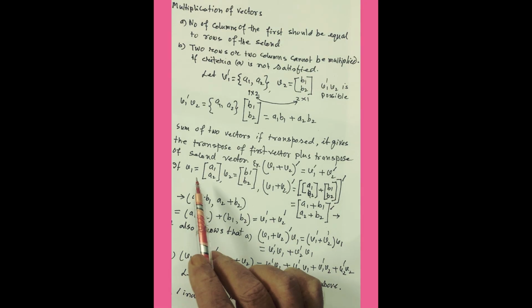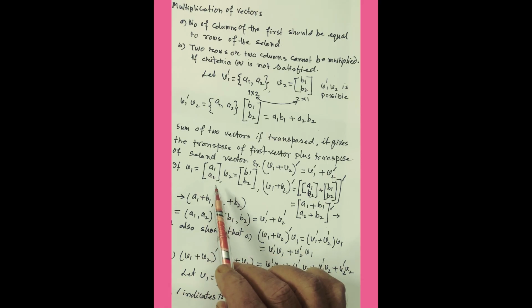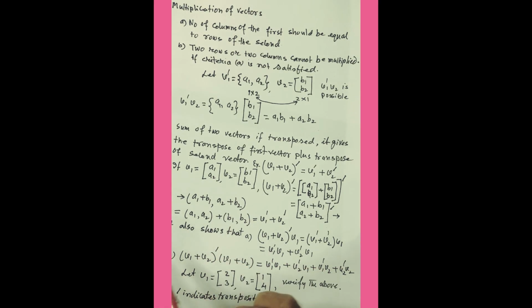Okay. Now, if P1 is equal to A1 A2 and P2 is B1 B2, then P1 plus P2 prime, that means transpose, will be A1 A2 plus B1 B2 transpose, which is equal to A1 plus B1 and A2 plus B2.